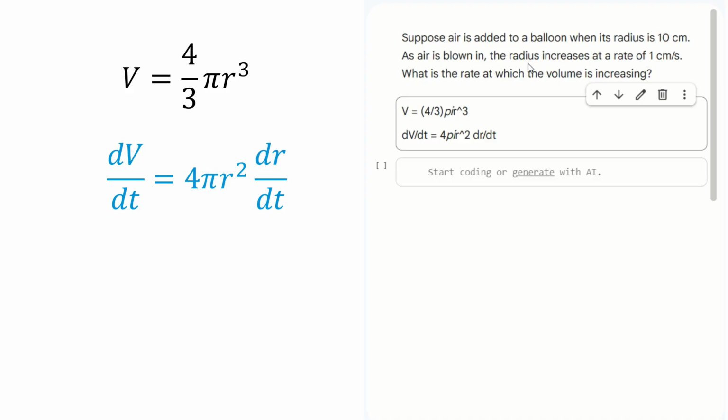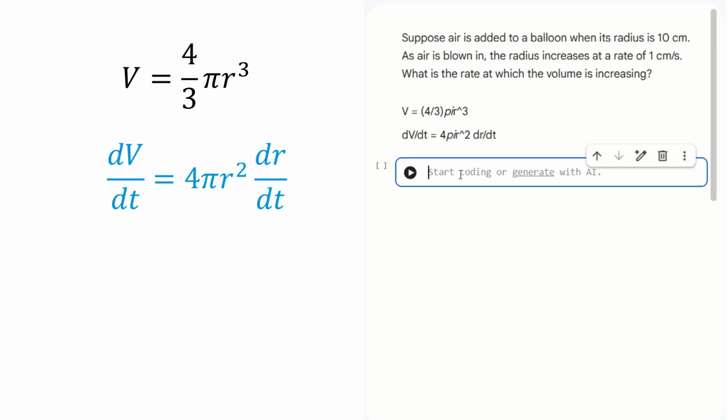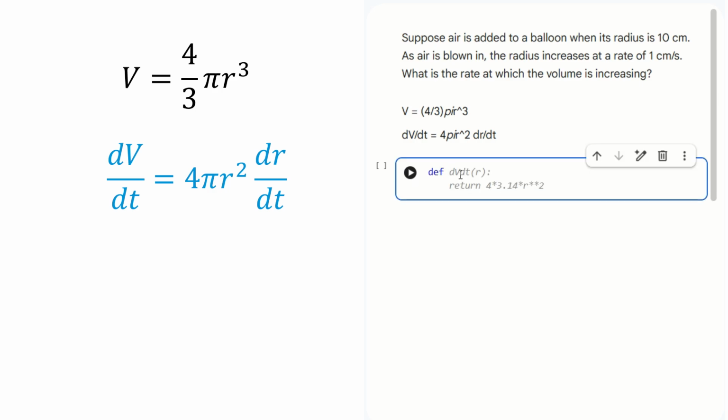As the air is blown in, the radius increases at a rate of 1 centimeter. And we want to know at what rate is the volume increasing. So we want to solve for the rate at which the volume is increasing. That's using this expression over here. So let's create a little function for this. So define a function, and this is the volume rate of change.